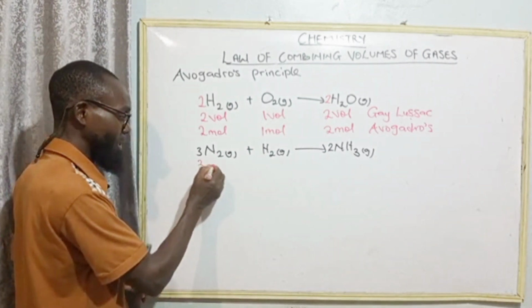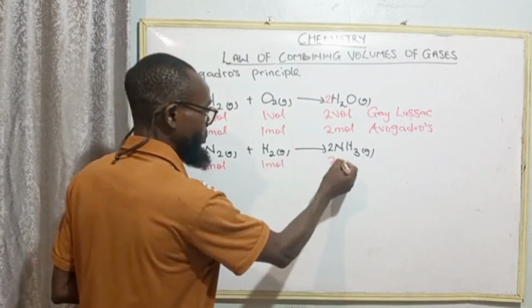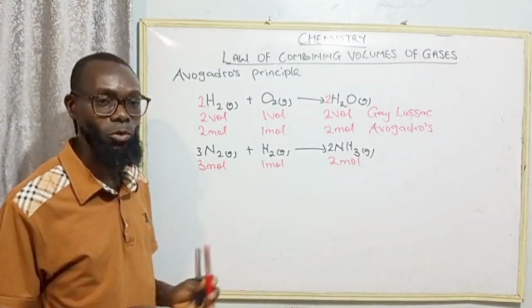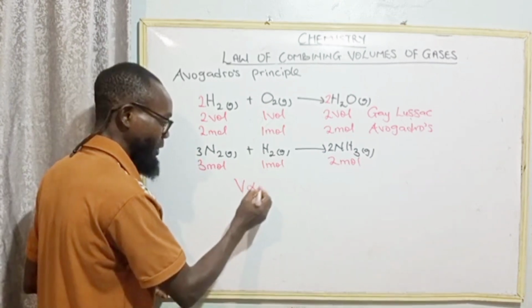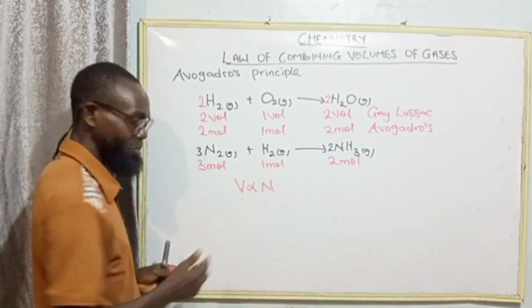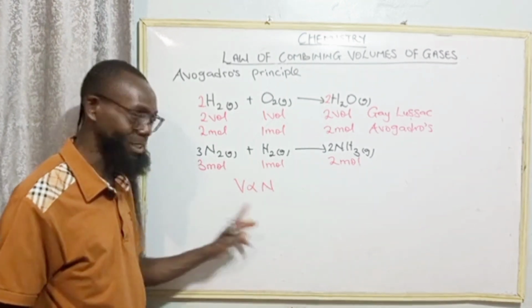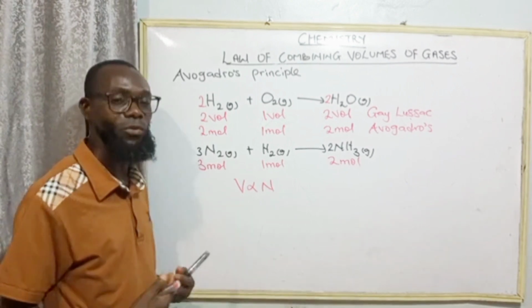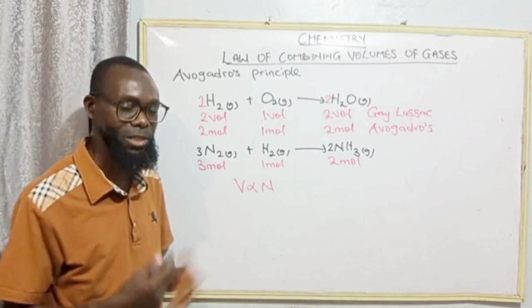In Avogadro's principle, the volume of a gas is directly proportional to the number of molecules, meaning that the higher the volume of a gas, the higher the number of molecules of that gas. The lower the volume of a gas, the lower the number of molecules of that gas.